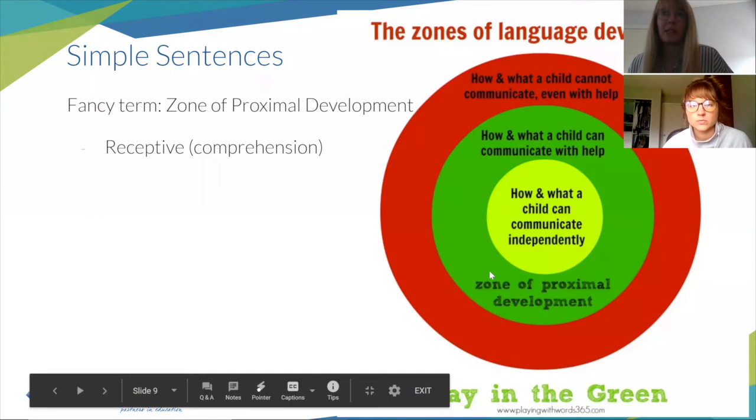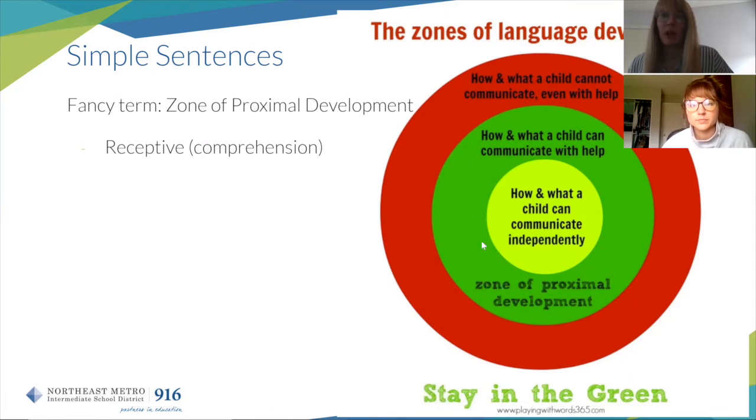So kind of one step above how and what a child can communicate with help. We kind of want to try and avoid how and what a child can't communicate even with help. So this goes for both their comprehension and their expressive language. Right now, we're just going to talk about what they're comprehending.